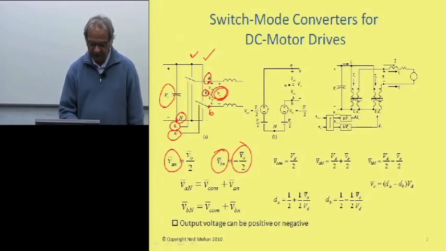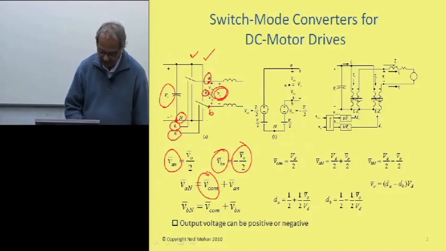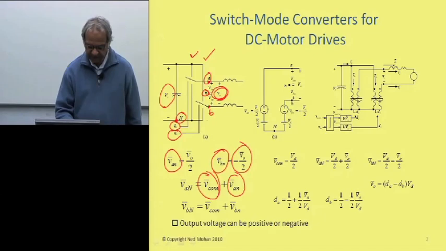By introducing a common mode voltage between this point n and this negative DC bus N over here, we can then make the voltage of A with respect to N equal to this voltage plus this common mode voltage. Similarly, we can make the voltage at point B with respect to the negative DC bus equal to what we decided upon earlier, plus this common mode voltage.